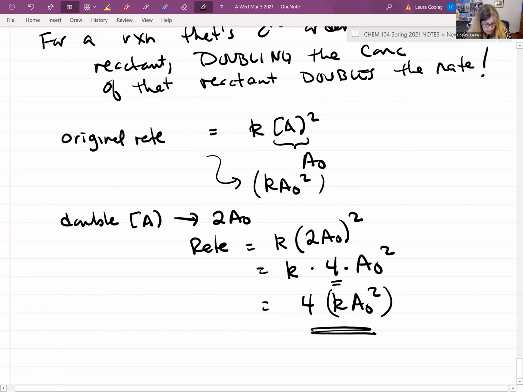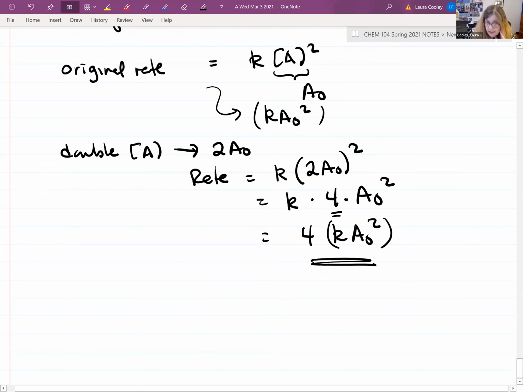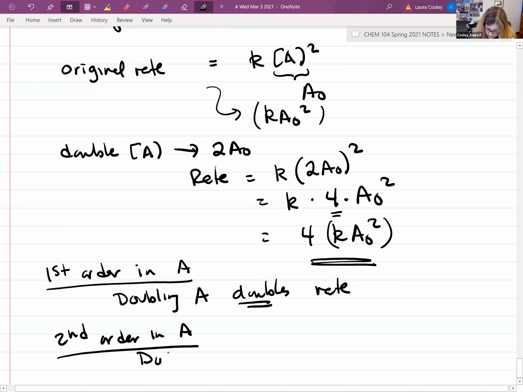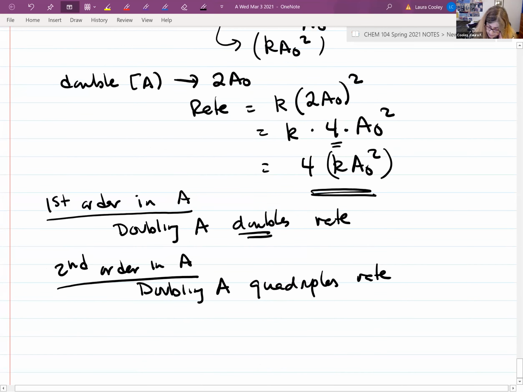So you have to keep that in mind when we do these examples. For a first order, if it's first order in A, doubling A doubles the rate. If the reaction is second order in A, doubling A quadruples the rate.